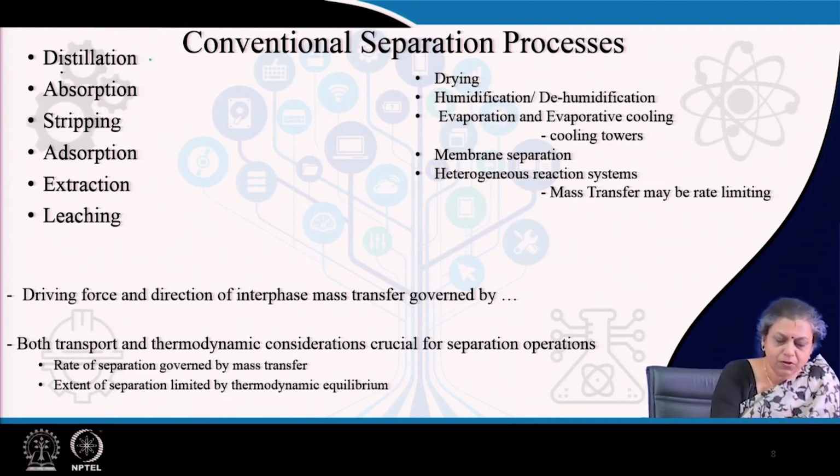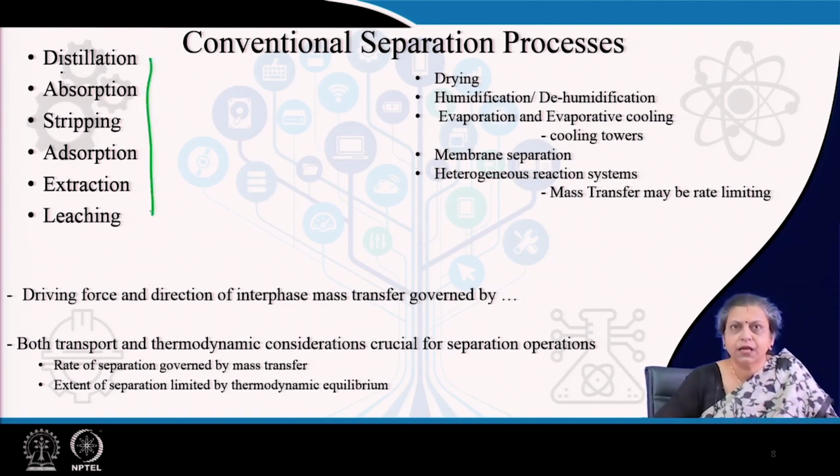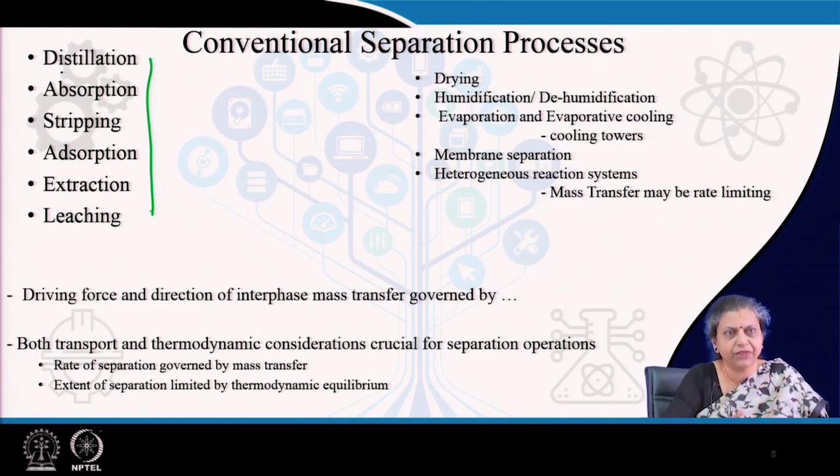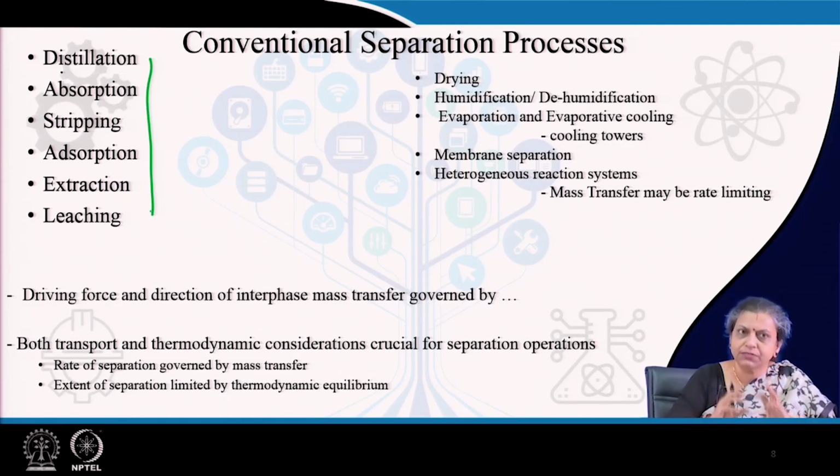For all the processes that we have discussed, how much amount of the component will be transferring from one phase to the other depends not on the concentration difference of the component in the two phases, but the difference of chemical potential of the component in the two phases.